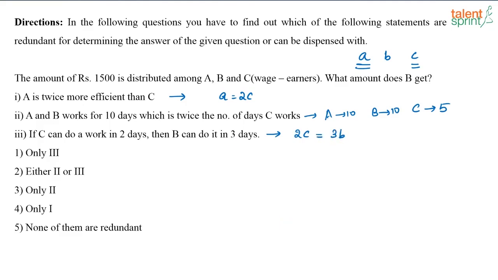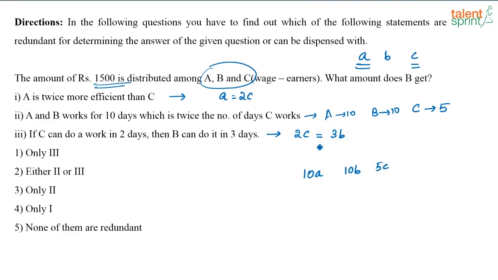So what is the question? Totally I have 1,500 rupees which has to be distributed, not equally, but among A, B and C according to the work that they have done. How much will B get? How will you actually solve this question? A and B are working for 10 days, right? So A will do 10A units, B will do 10B units and C will do 5C units.